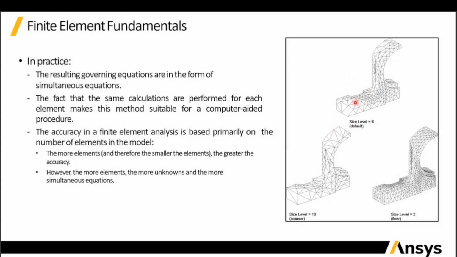If I coarsen it, I reduce the number of elements, and the shape will not be as per my model. Once you go to size level 2, finer, and keep on adding elements, you get close to your model. So if you increase the number of elements, then definitely the accuracy will increase.